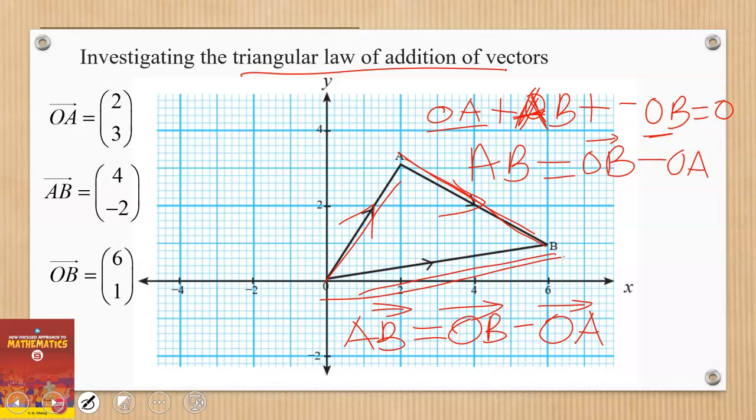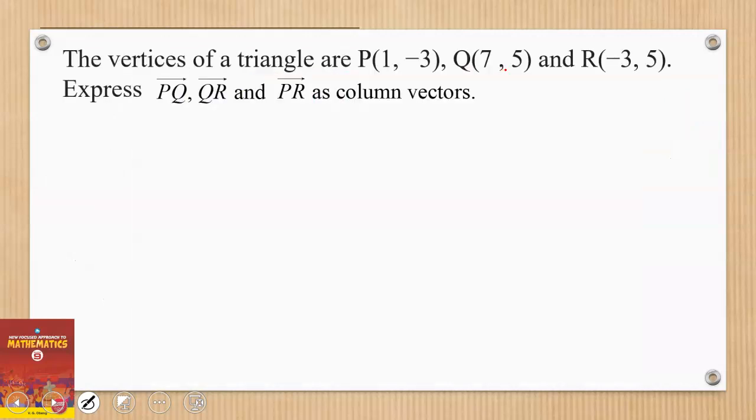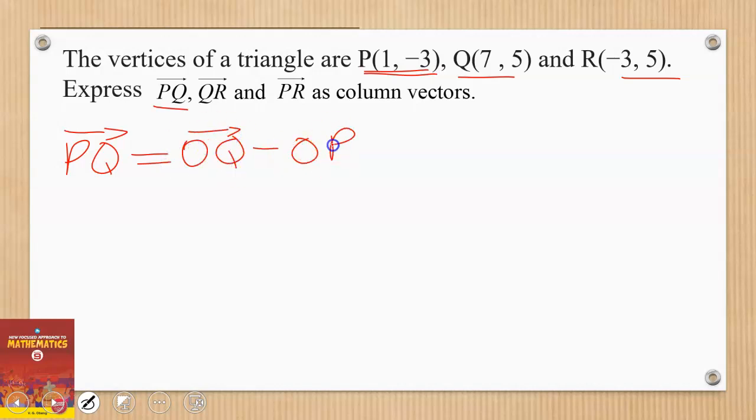Now, based on this concept, if you are given a question like this: the vertices of a triangle P, Q, and R are given as this and that, and we want to express PQ as a column vector. That means PQ can be resolved as OQ minus OP.